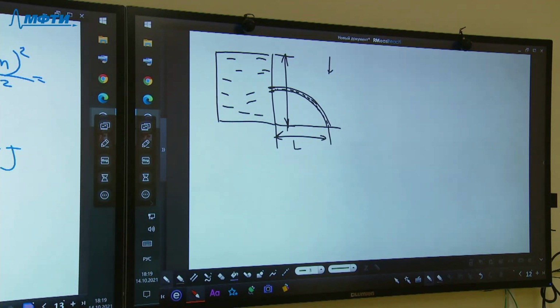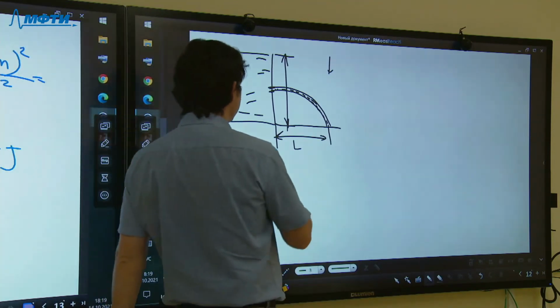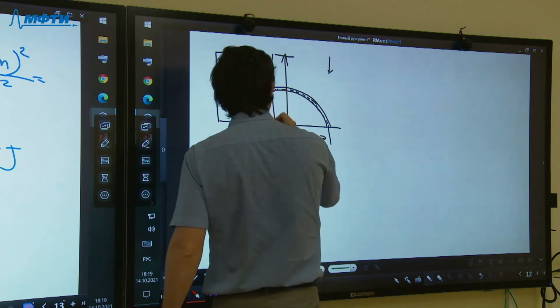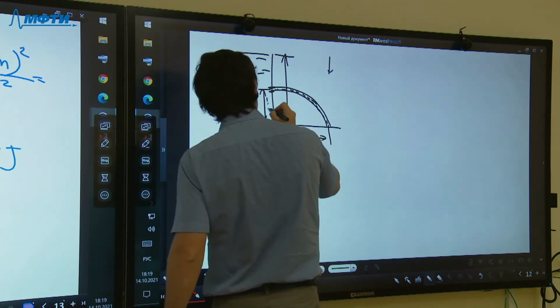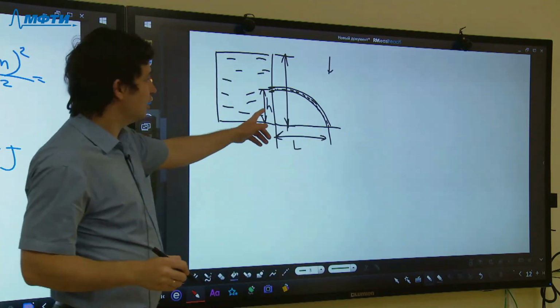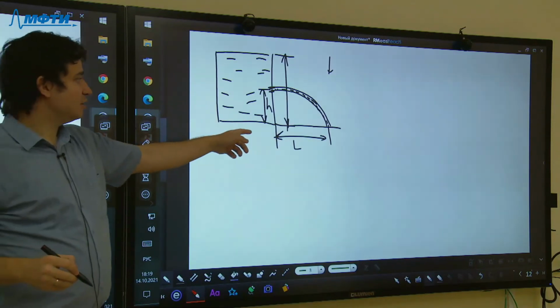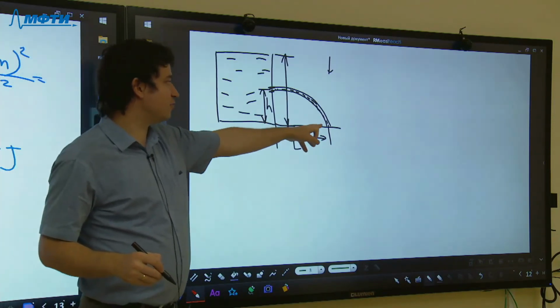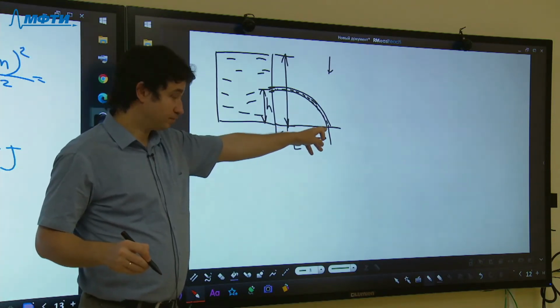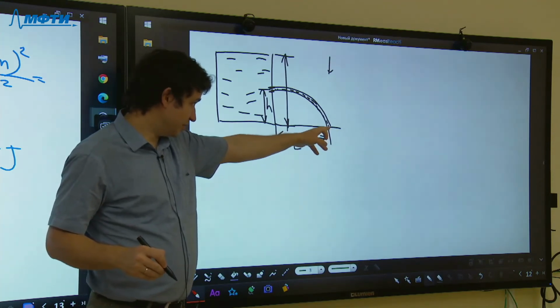So I need to calculate the optimal altitude of the hole, which allows me to reach farthest point away from the vessel.